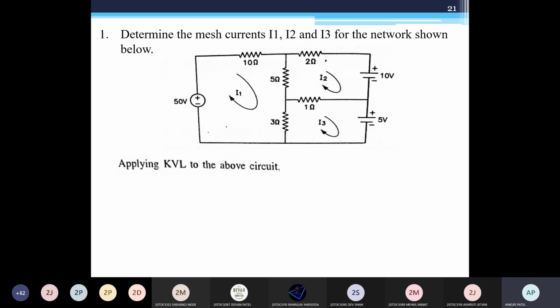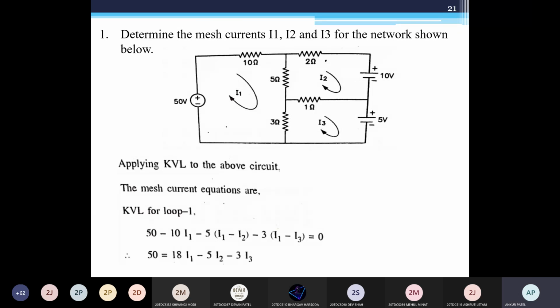Initially, you have to assume the current directions, and after that, you will know whether the direction you have taken is right or wrong according to the potential. As we know, current always flows from higher potential to lower potential. So initially we are assuming, but after knowing the voltages, we can say the current direction should be like this.